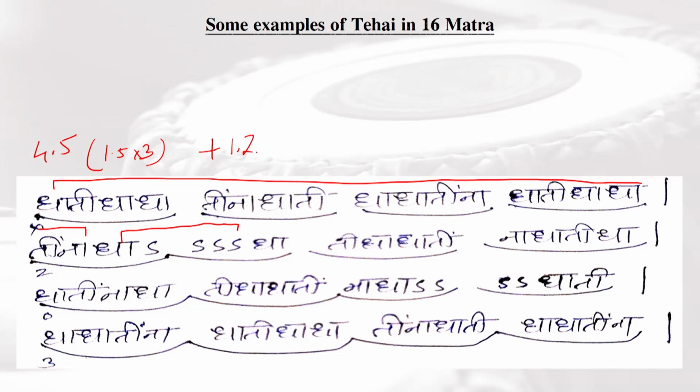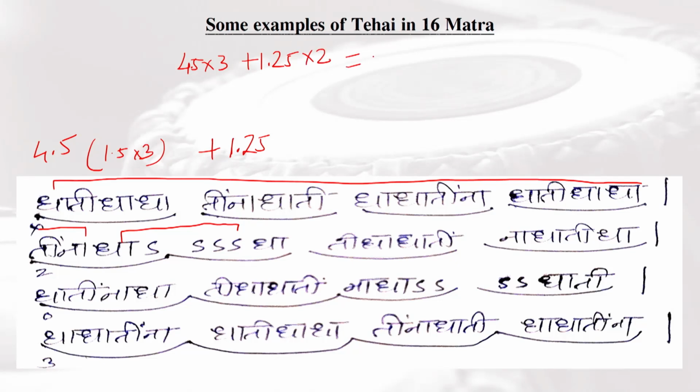This is a 1.25 matra pause. So the pause we can say like dha atakita. So 4.5, this is 4.5 into 3 plus 1.25 into 2.